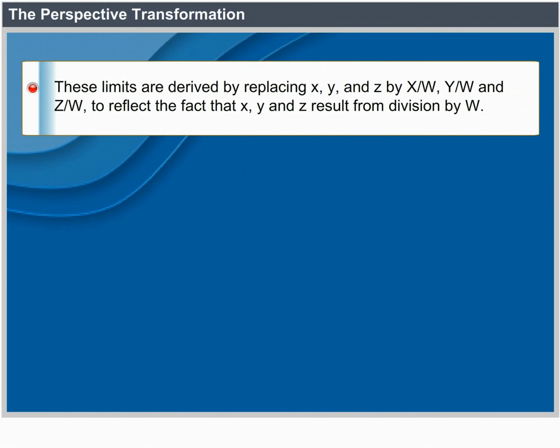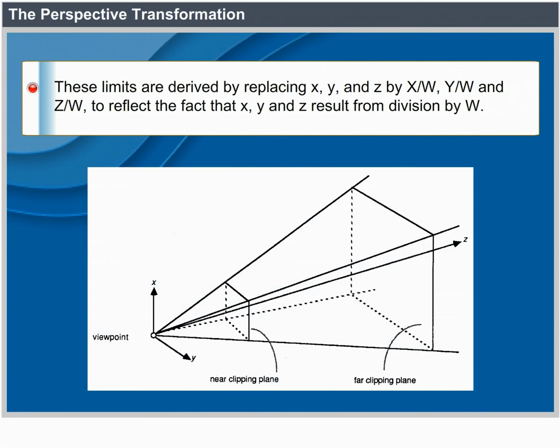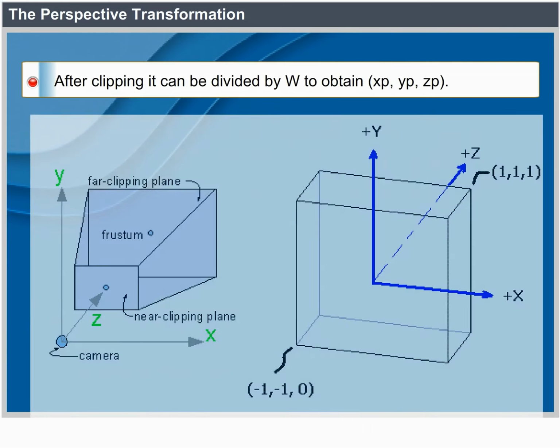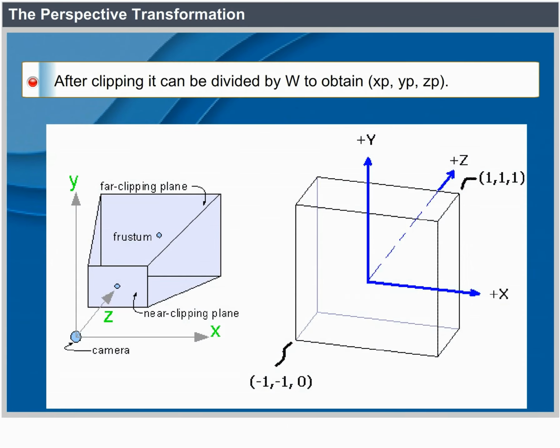These limits are derived by replacing x, y, and z by x/w, y/w, and z/w respectively, to reflect the fact that x, y, and z result from division by w. After clipping, we divide by w to obtain xp, yp, and zp.